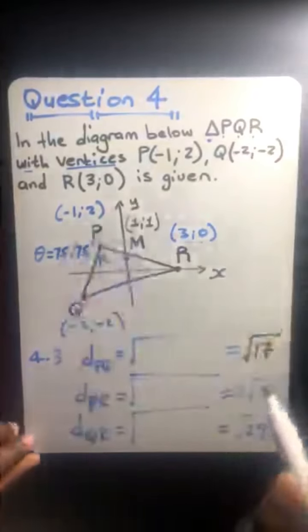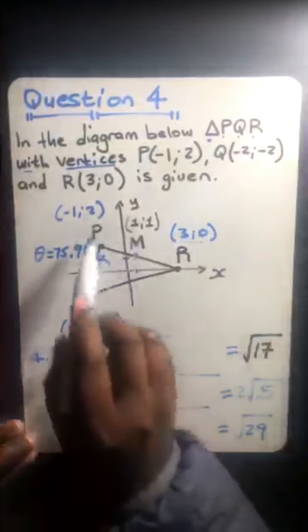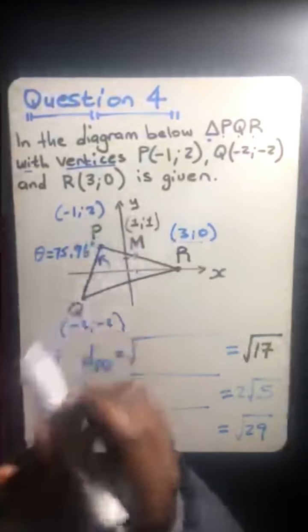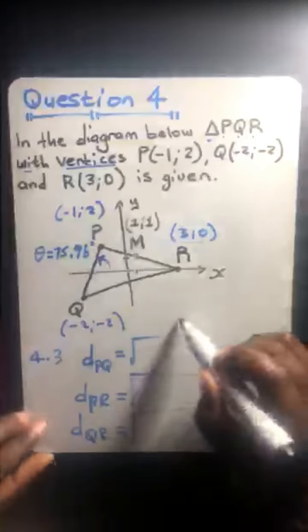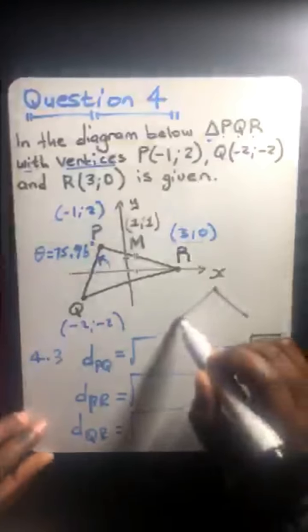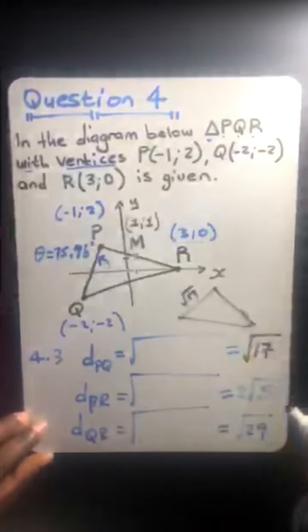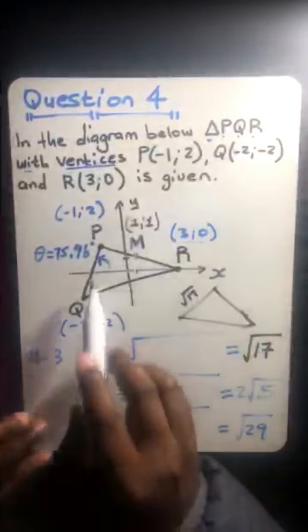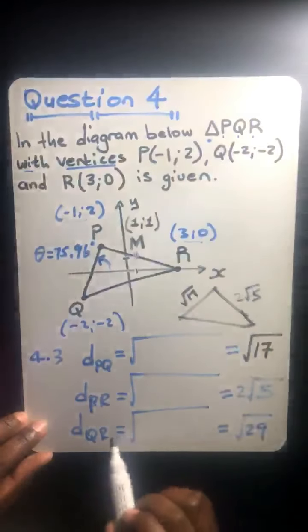What does it mean, ladies and gentlemen? It simply means the distance of PQ. There's P, there's Q. It is actually square root of 17 units. So that is the length, or that is the side. Let me redraw it there. So this is square root of 17. And PR is 2 root of 5.